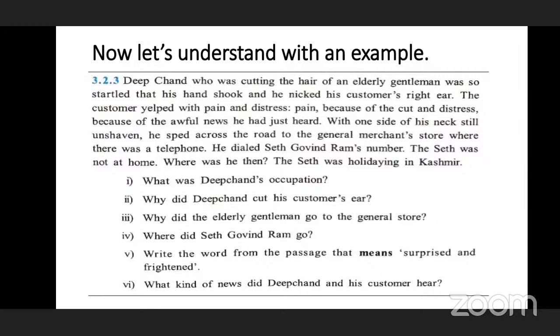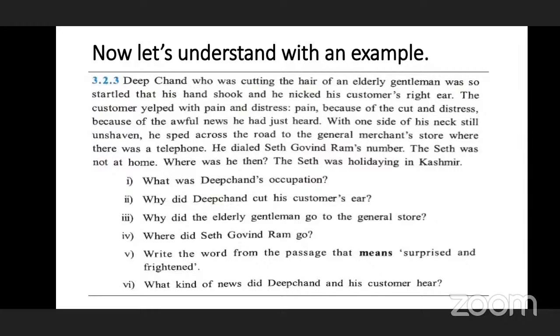What was Deep Chand's occupation? I have read the question, but the question is providing me some information. There is a person by name Deep Chand in the passage, and there is some information about his occupation. That's it. This is the information I received from the question. Generally, questions seek information, whereas in reading comprehension, if you read the questions first, questions provide information.